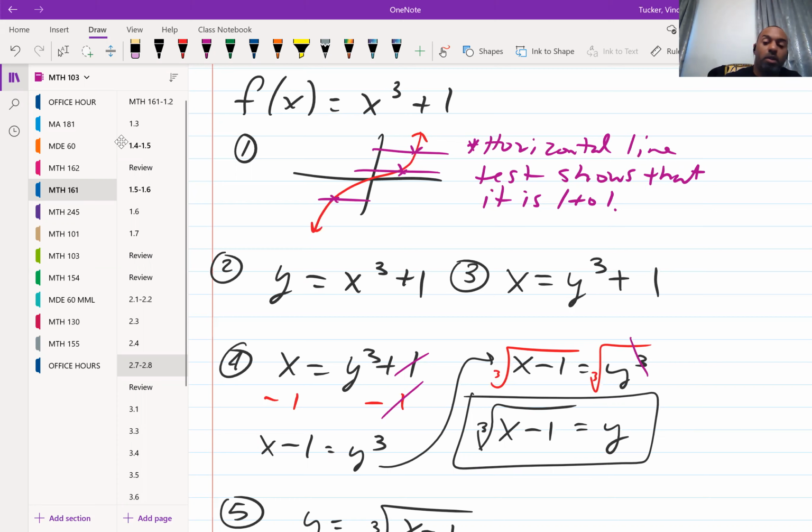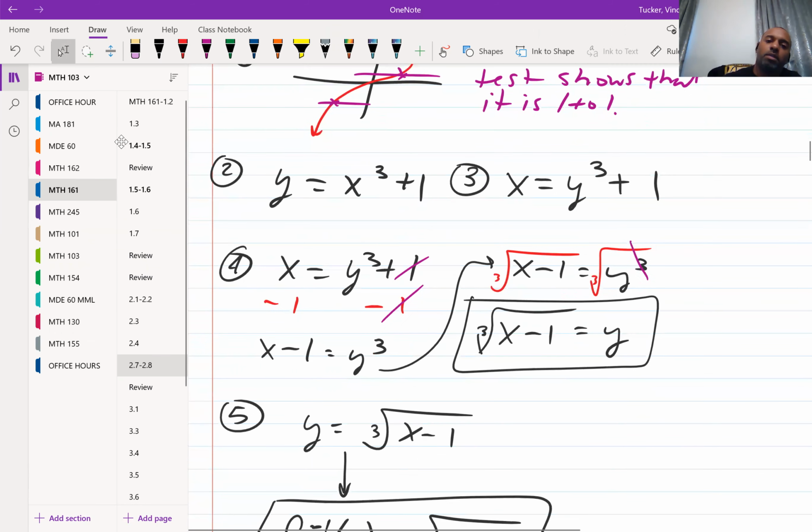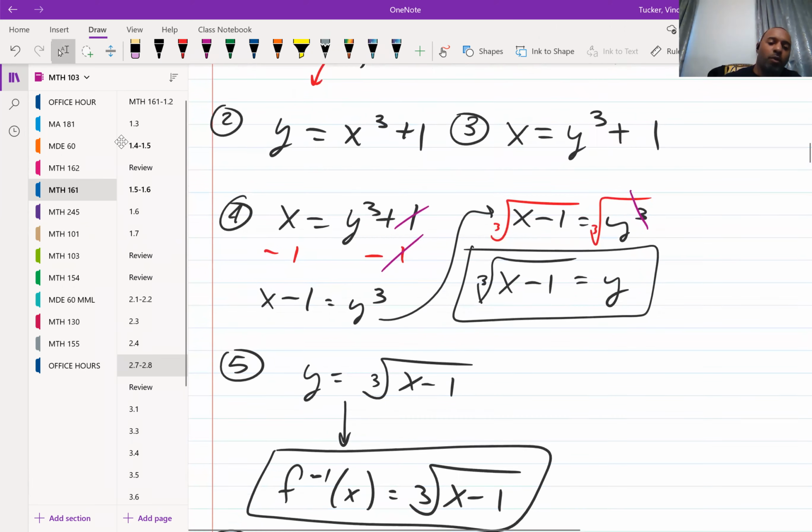All right. Any problems? And then we finish it off by replacing y with f inverse of x. So that's just notation.